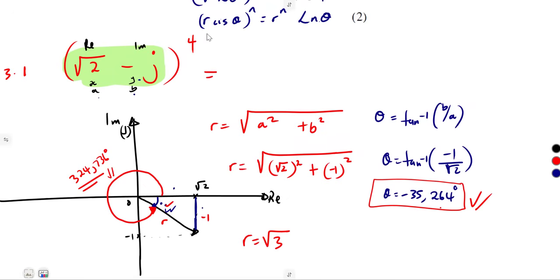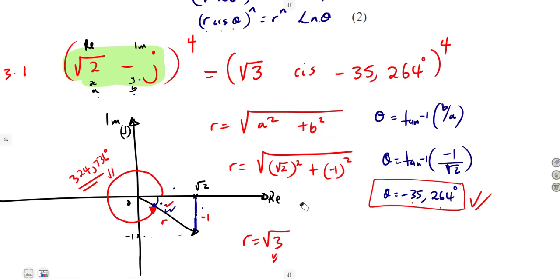If we are taking this one, r cis theta, our r is what? Square root of 3. So it's going to be square root of 3 cis the angle, which is -35.264 degrees. Everything is raised to the exponent of 4.